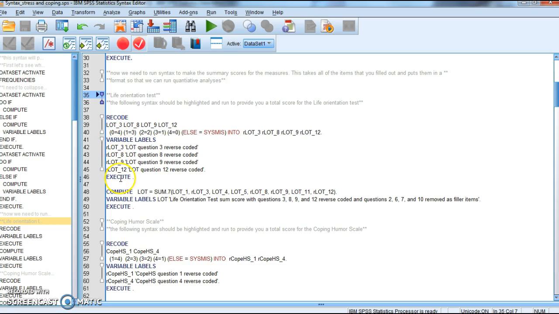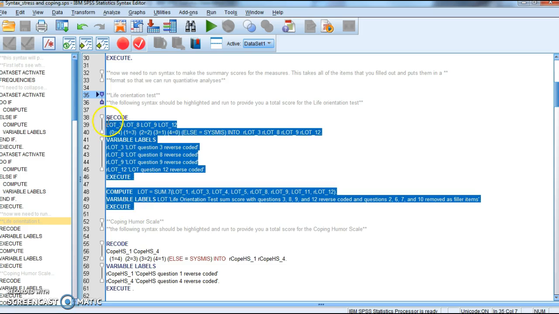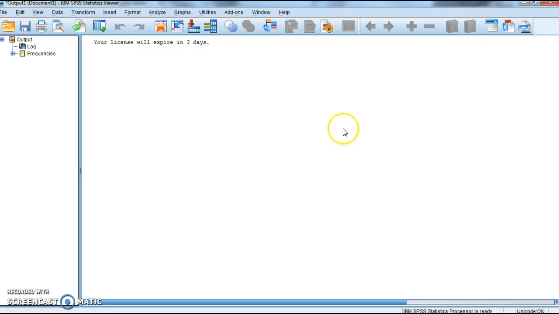So this recodes 4 of the questions, reverse codes them so we can sum them all up, and that will give us a summary score that I'm calling LOT. So we'll run that.